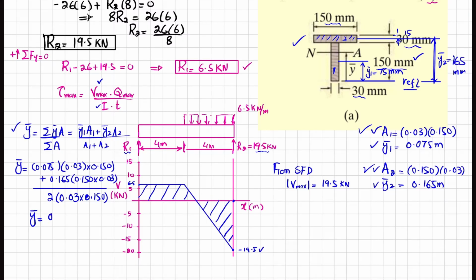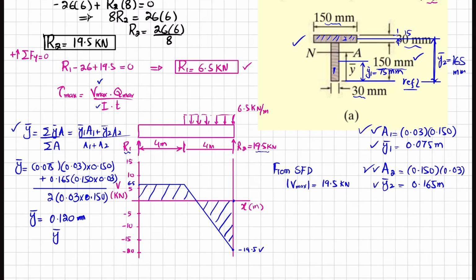So when you solve this, you will get location of centroidal axis or neutral axis, and that comes out to be 0.120 meter. Okay, make a correction when you calculate it. This Y dash is 0.120 meter.